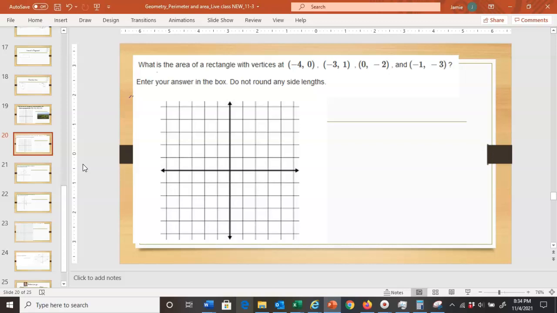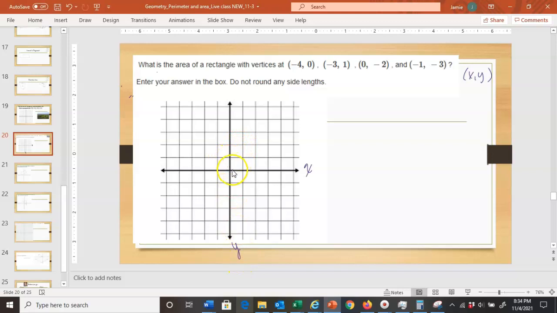If at any time you want to pause the recording, try these on your own and come back for the answer. And of course, I'll build in some stops for you to try it on your own. So it asks us to find the area of a rectangle with these vertices. Remember that coordinate points go x, y, alphabetical, and this is the x-axis, and the vertical is the y-axis.